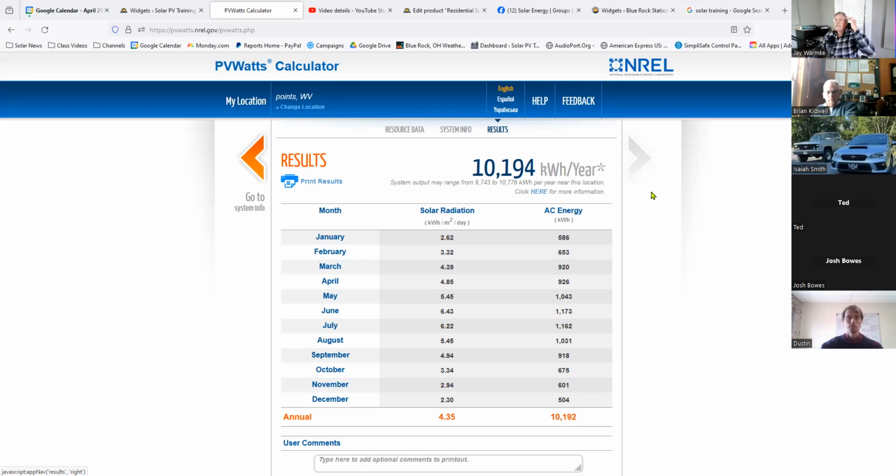So if you're just looking for your insolation, your number there, 4.35, it doesn't matter what size array you're dealing with. Right. It's going to give you that number. But that number, based on the other data you put in the previous input screen, is going to affect the 10,194 kilowatt hours per year. Yeah. The azimuth, the angle, things like that. That is, but 4.35 in the AC, the solar insolation isn't going to change. Right.